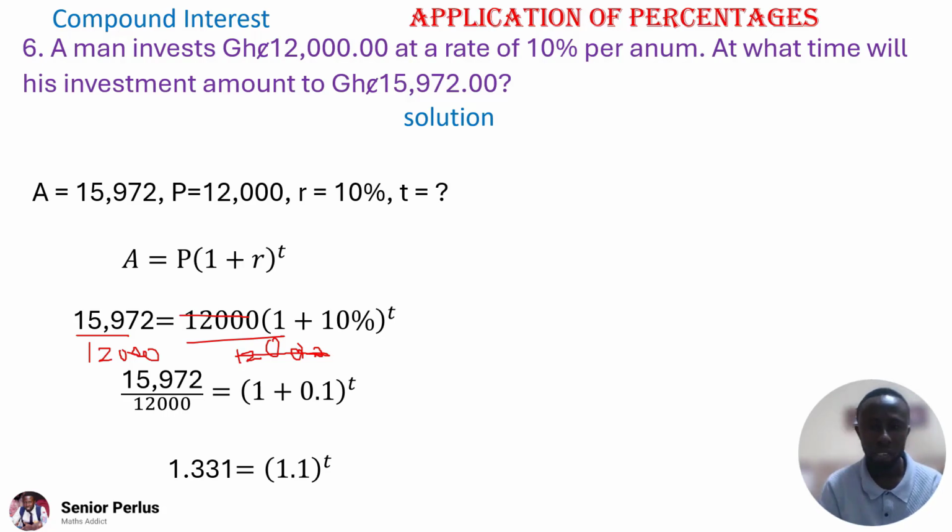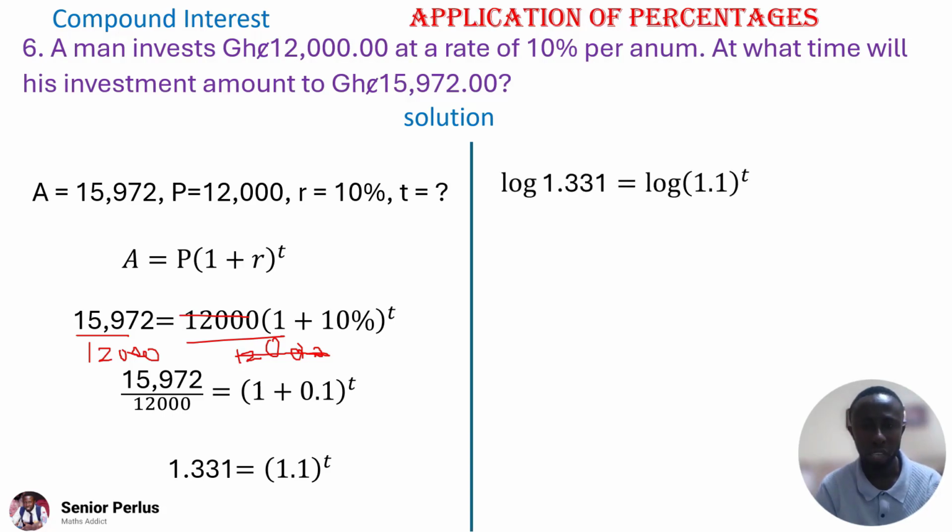We are looking for t. What should we do here? From our idea of indices and logarithm, you have to take log of both sides. So you take log 10 of both sides. From one property of the log, you have to move this t here.